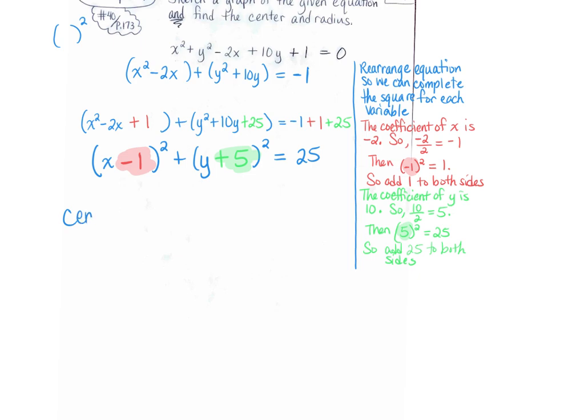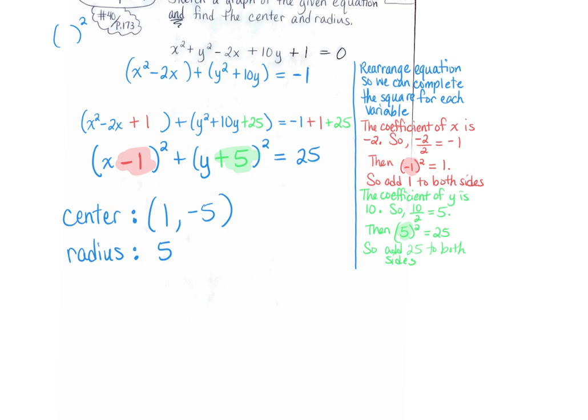So our center is what? 1, -5. Okay? And what else can you tell me? The radius is 5. Why is it 5? Because you took the square root of 25.